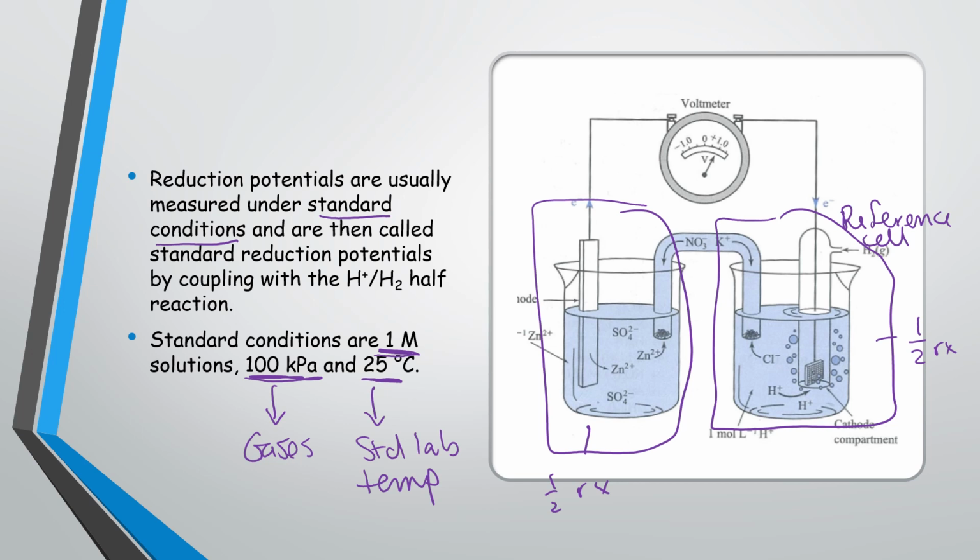If any of these conditions are varied, then the actual E0 or voltage will be different. So the only time it's exactly what it is on the data sheet is when these conditions are applied.